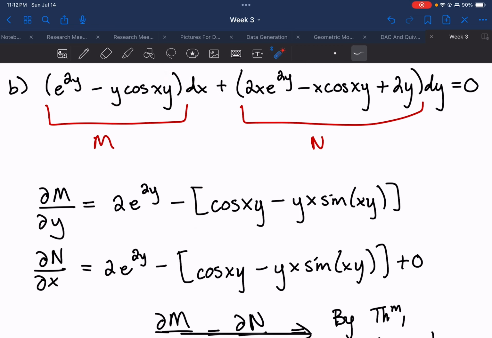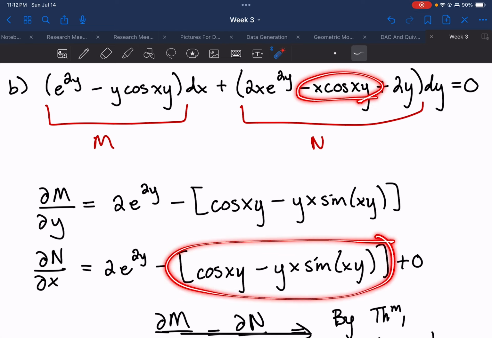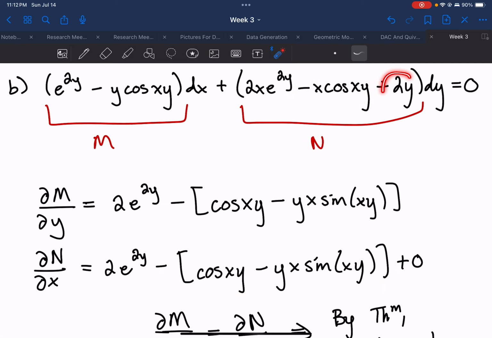And the same thing for N, right? When you take the derivative here with respect to x, you get 2e to the 2y, because this is times x. And then you take the derivative of this with respect to x, you get a product rule again, same product rule. And then when you take the derivative of this with respect to x, you get 0, right?